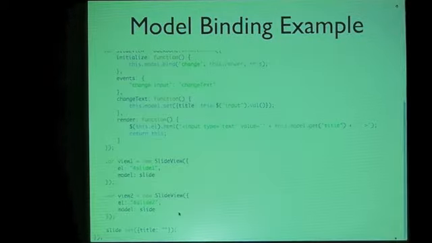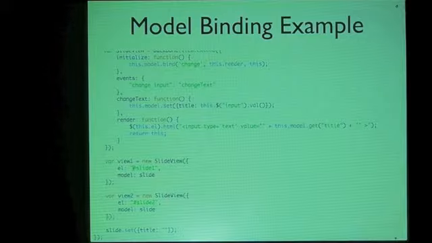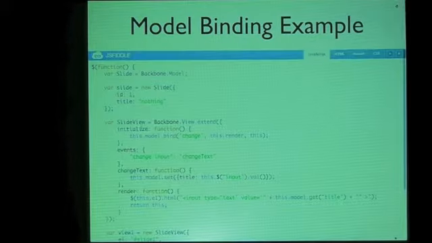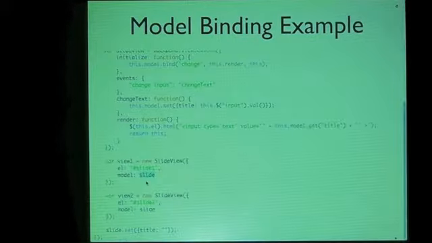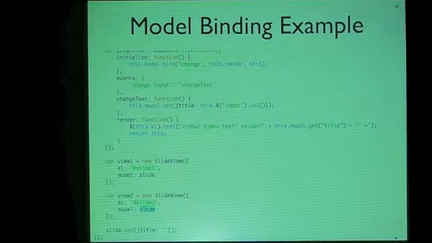So this says, go out and use jQuery or whatever and find slide 1 and use that as your element. So your view's root element is a div, and render everything inside that div. And your model is going to be slide, which is up here. And so view 2, you render inside of slide 2. Your model is slide. You both share the same model.